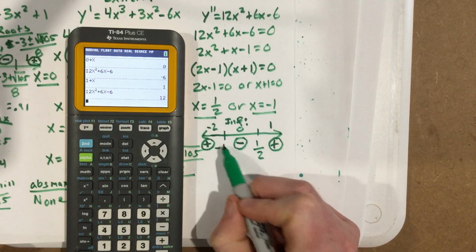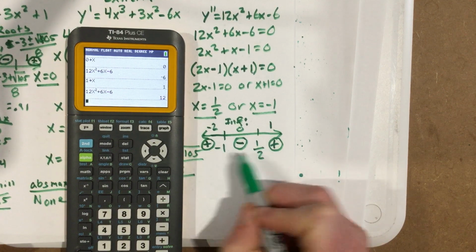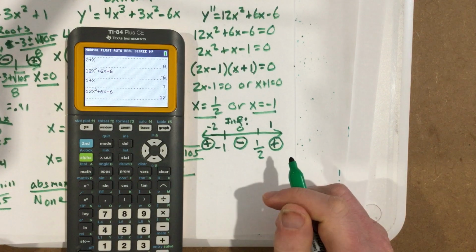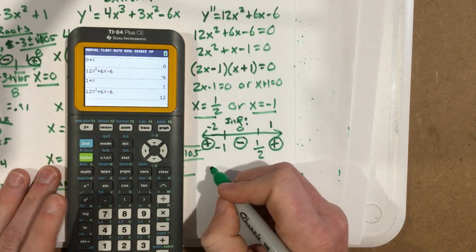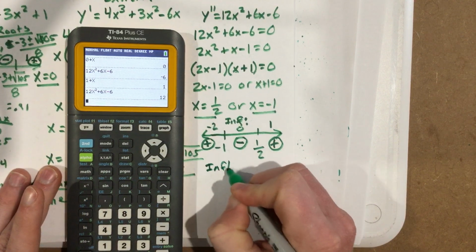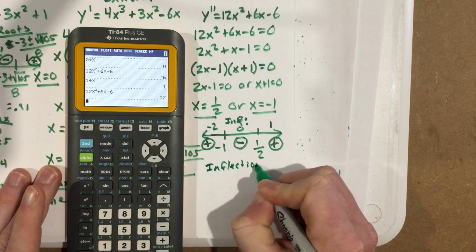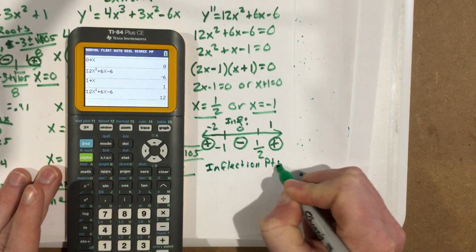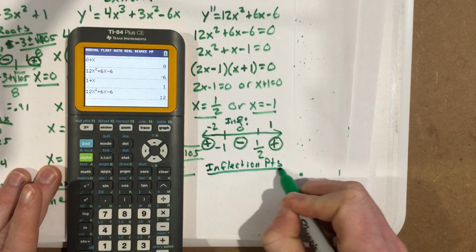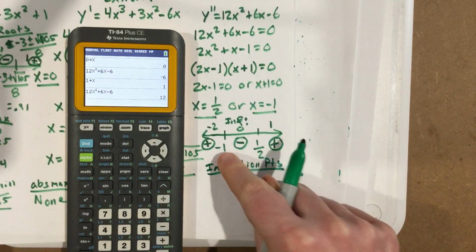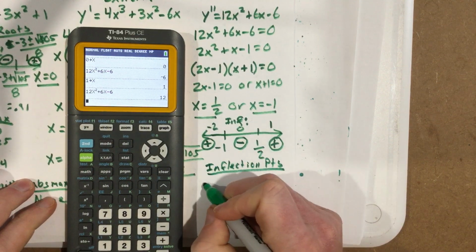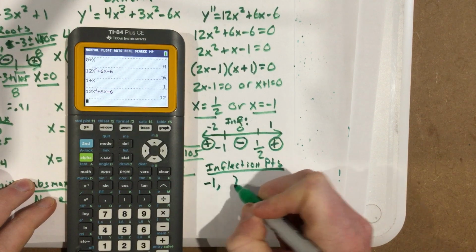It also tells us that we have inflection points. We got an inflection point which is -1, we got an inflection point which is 1/2. So we have two inflection points. So I can write that inflection points. And my inflection points, I need to figure out the coordinates. So one of them is -1, comma something.